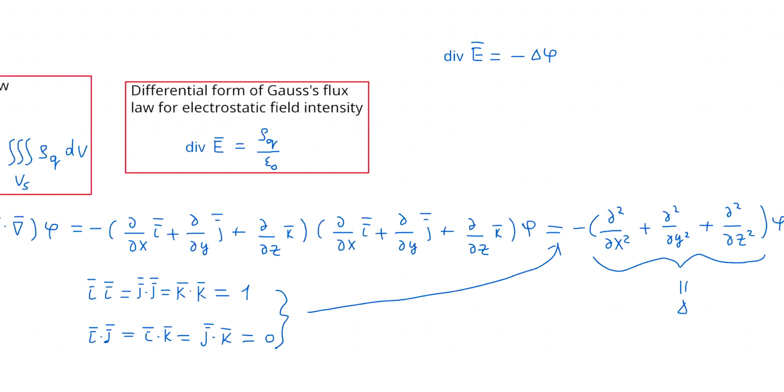And after substitution of this here, we have got Poisson's equation.